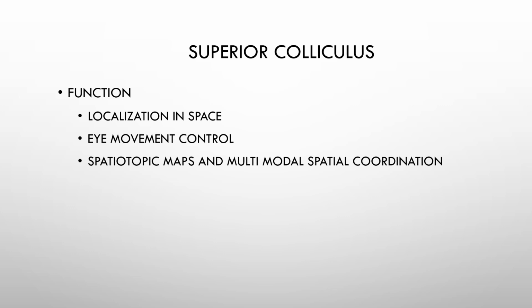So all of that information is going to be used in helping me decide where I want to move my eyes, this kind of eye movement control. Localizing things in space is what the superior colliculus is allowing for. And it's taking in information from all of our sensory modalities in order to do this.